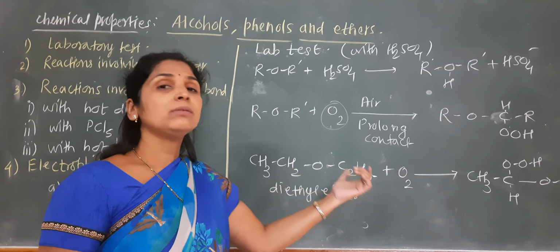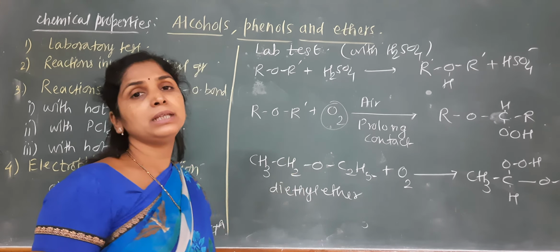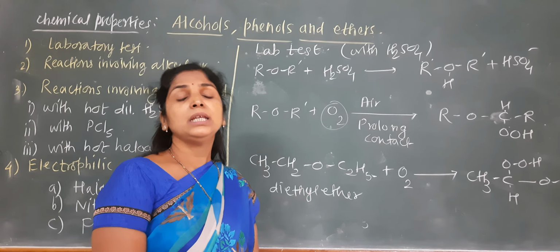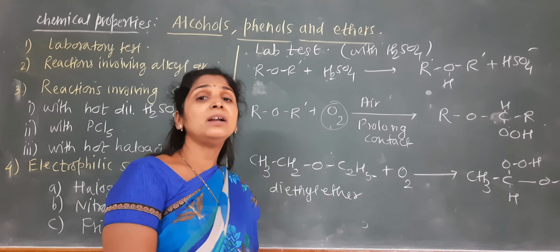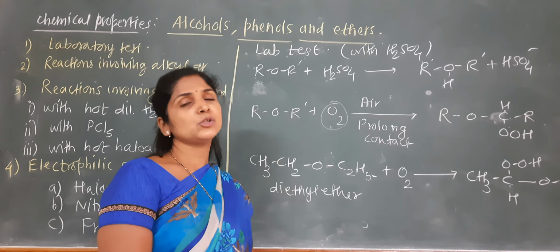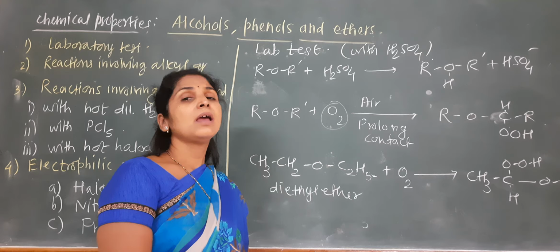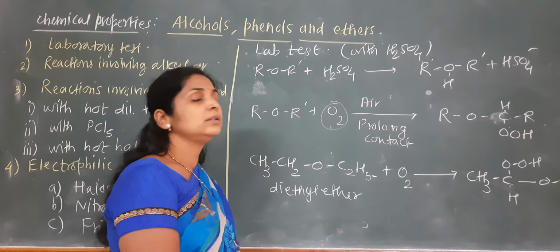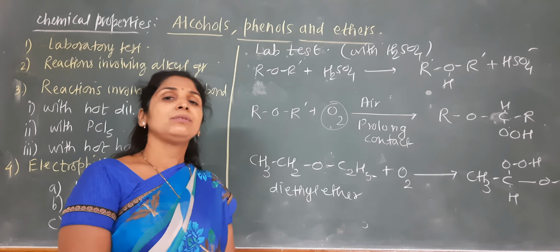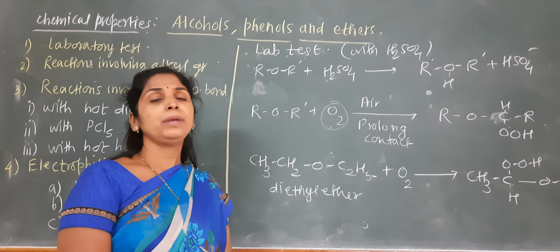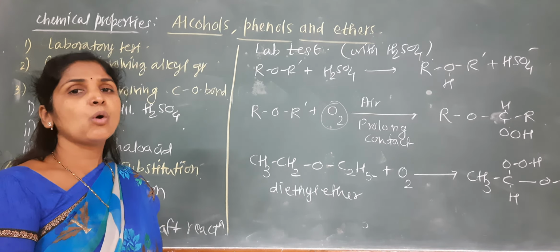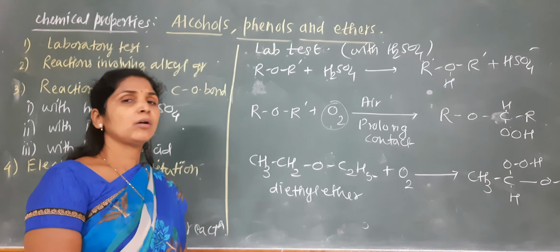The conversion of the ether into peroxide is a very undesirable reaction, because peroxides are dangerous for environmental concerns, and hence ethers should not be kept in contact with oxygen or air, so they should be kept tightly in bottles where there is no contact with oxygen or air.